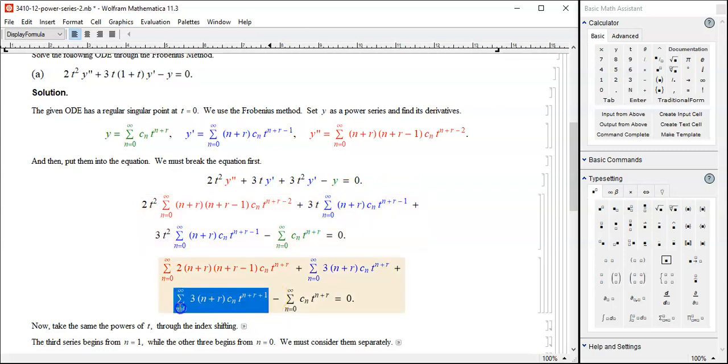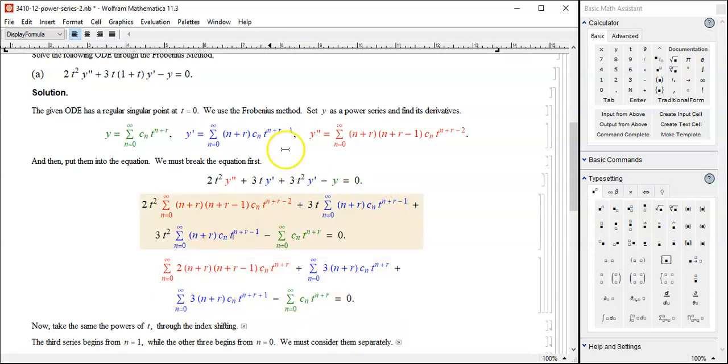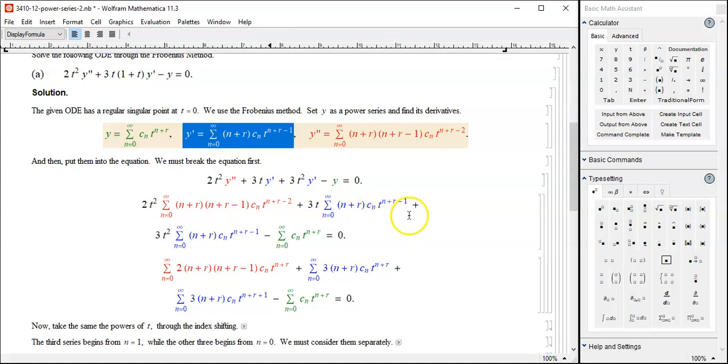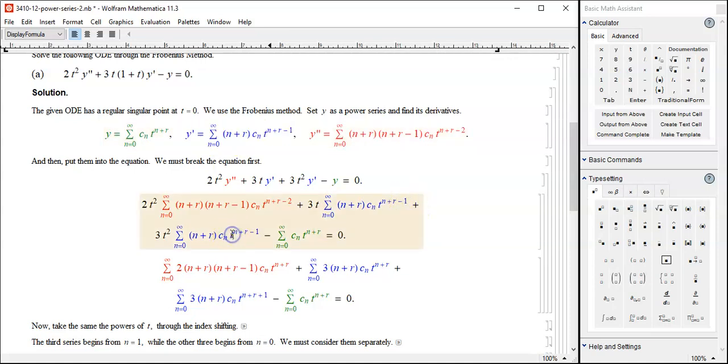Like this. Now I kind of regret using blue for both of these two. Originally they came from this y prime, so I used blue for this one and that one as well. But now I'm focusing upon the transition from here to there. So let's use something different here.